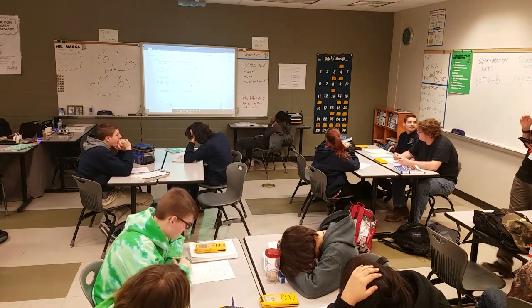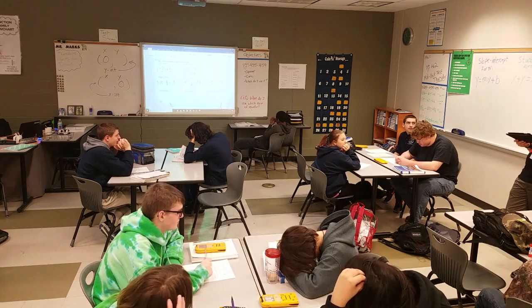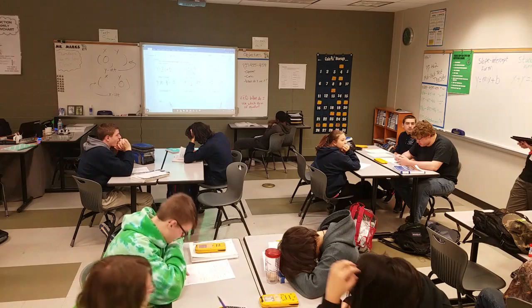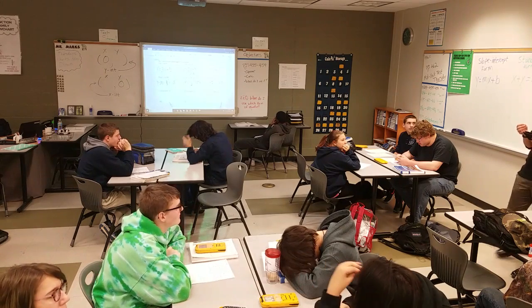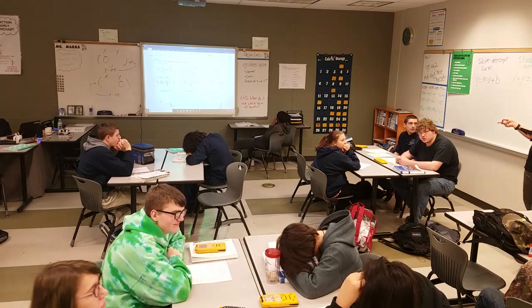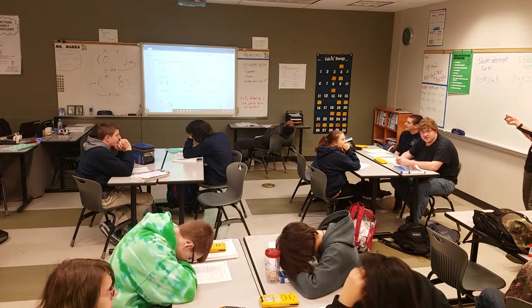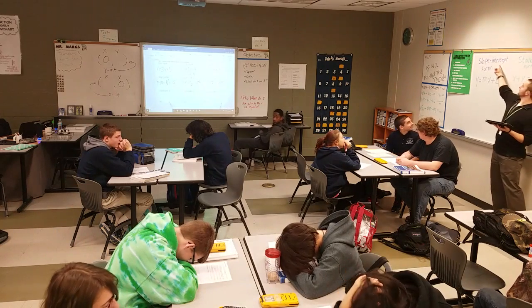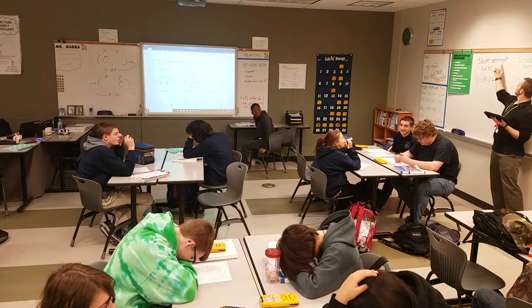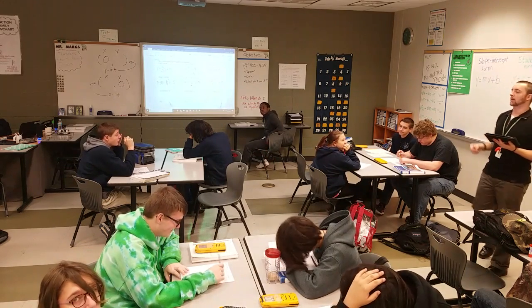On the graph. But where on the graph? Along the x and y axis. So what are those called? Starts with an I. Intercepts. They're x and y intercepts.